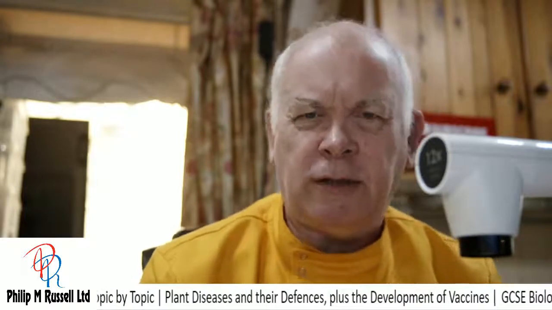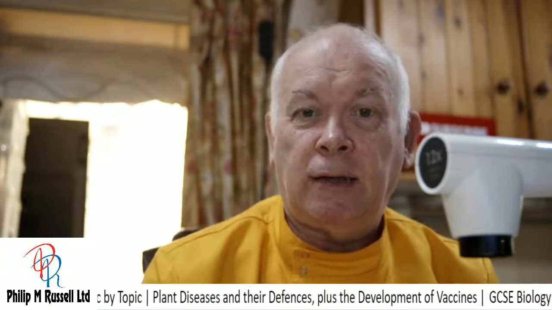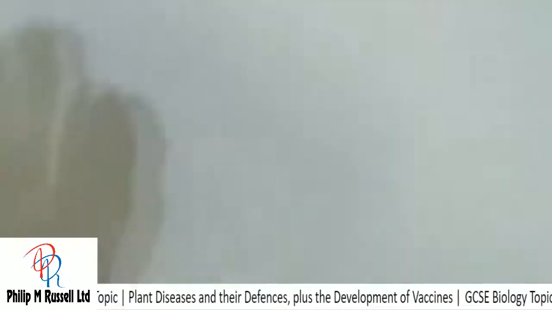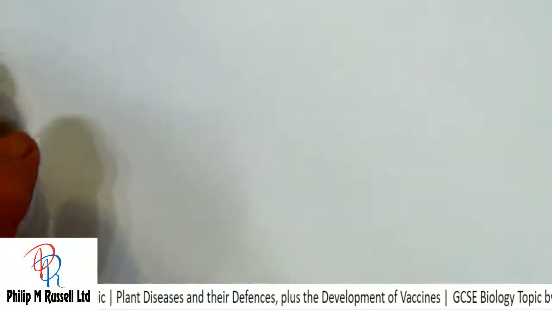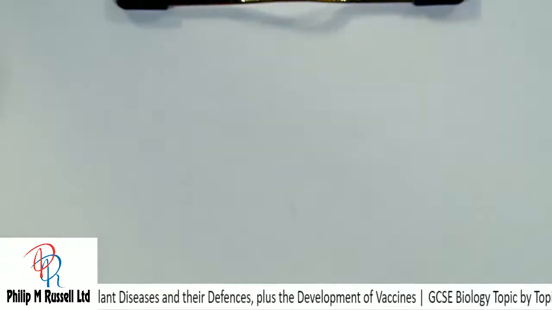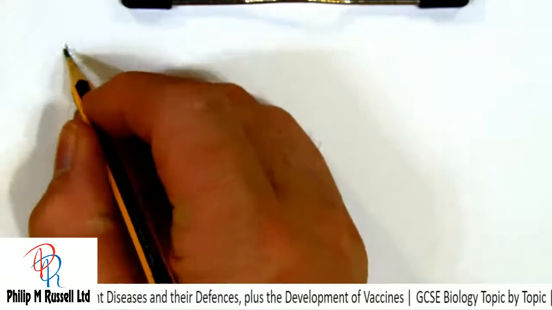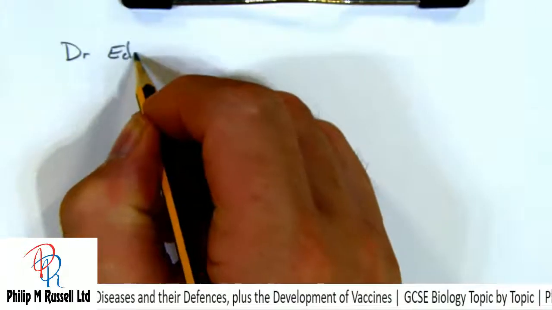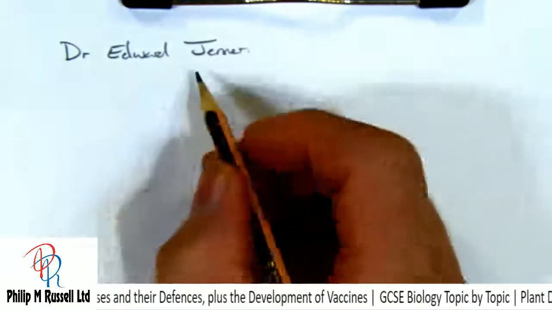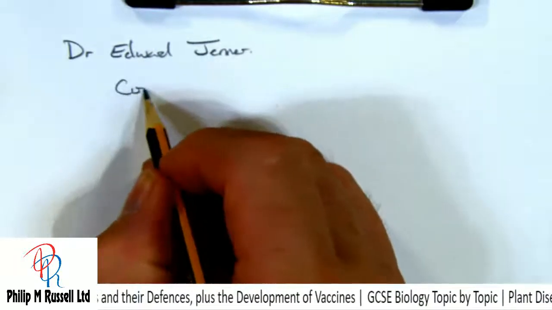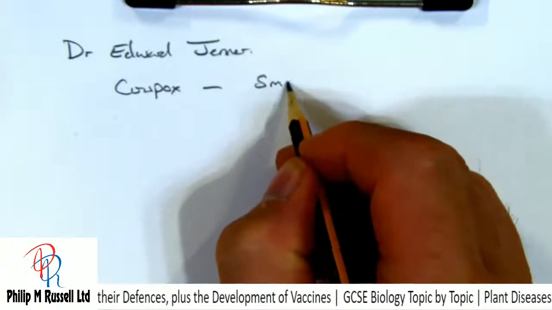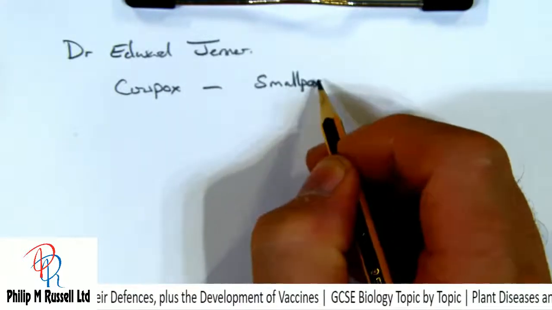Let's have a look and see what a vaccine is and how it actually protects. So vaccines were developed by a guy called Edward Jenner. He wasn't probably the first, but this was the first one using the idea of cowpox and eradicating smallpox.